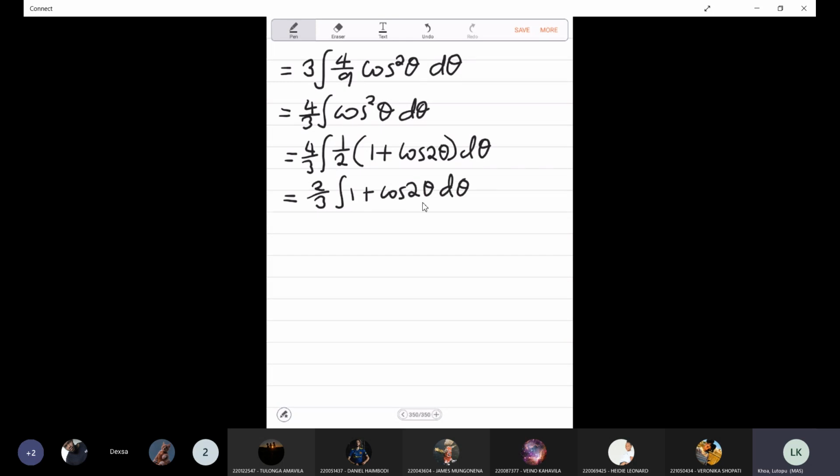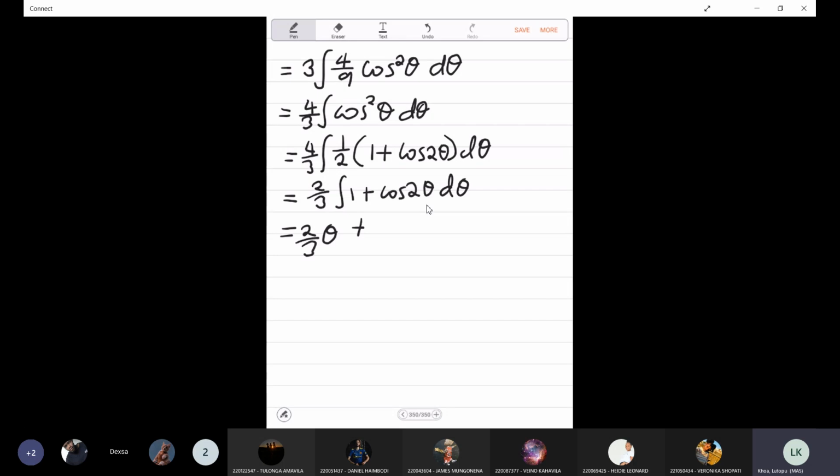This is very easy to integrate. This is 2 over 3 times theta plus 2 over 3. The integral of cos 2 theta is sine 2 theta divided by 2. So the 2 here and the 2 that comes from the integral will cancel.